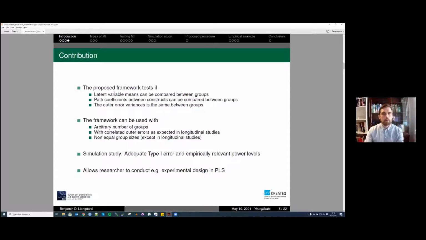So this framework I propose here enables researchers to compare latent variable means between groups. It also enables researchers to compare path coefficients between the constructs between different groups.